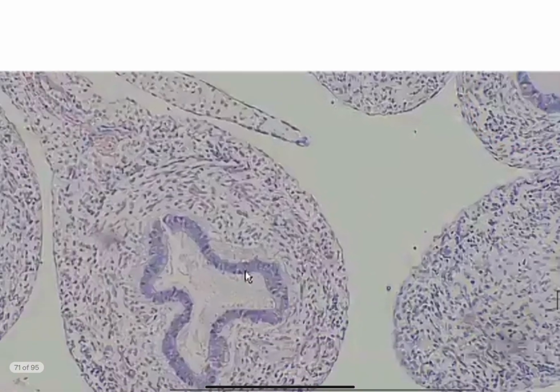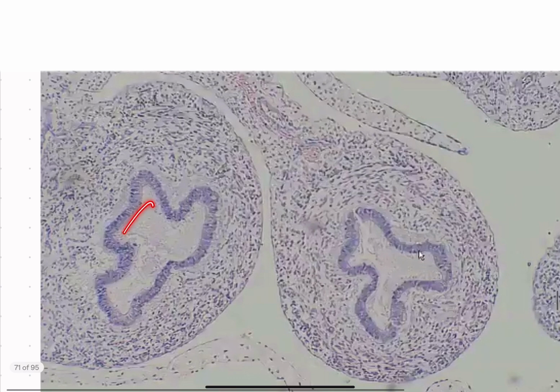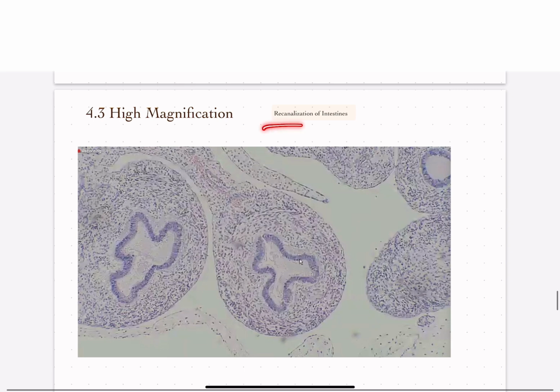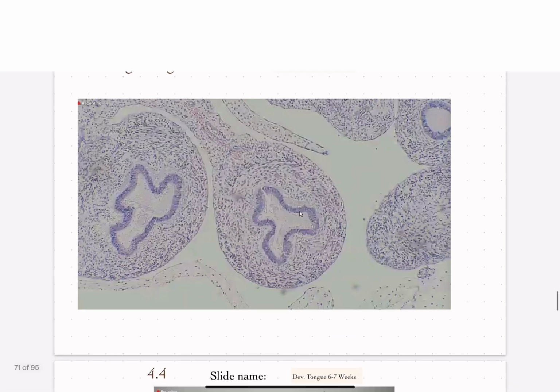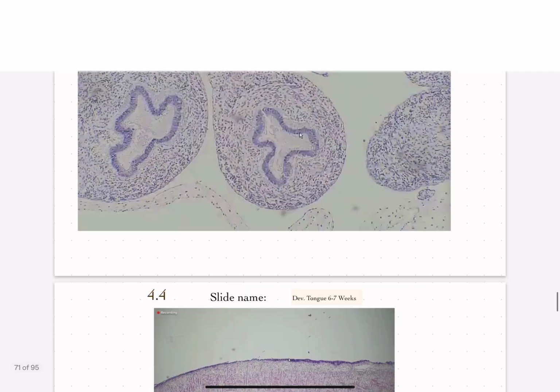For example, here, this would be more of an intestinal loop. We don't really see anything going on in the lumen, but here we can definitely see something very opaque within the lumen of this intestine. So I would write down the recanalization of intestine if it has something going on in the lumen. If not, it's just an intestinal loop.